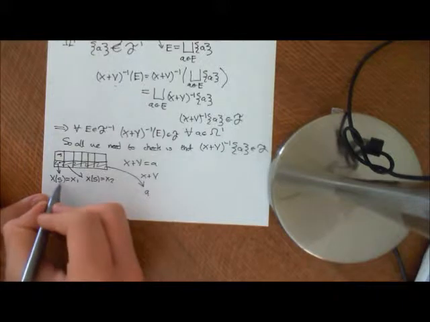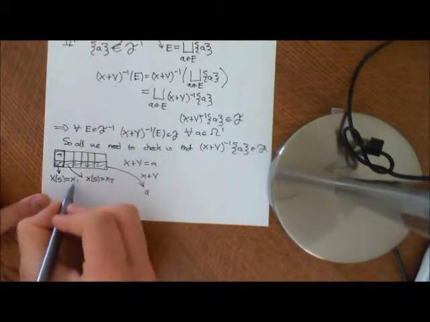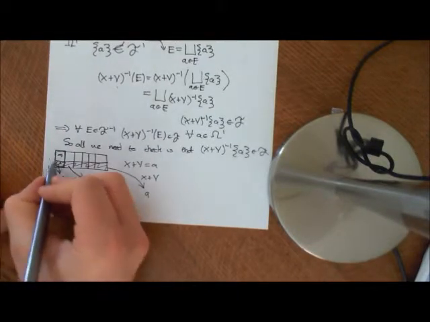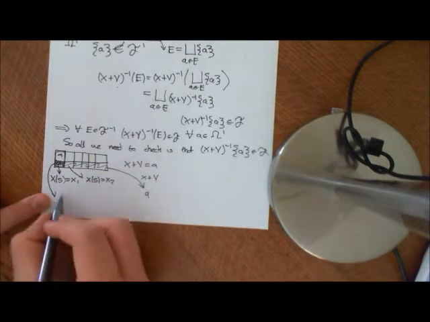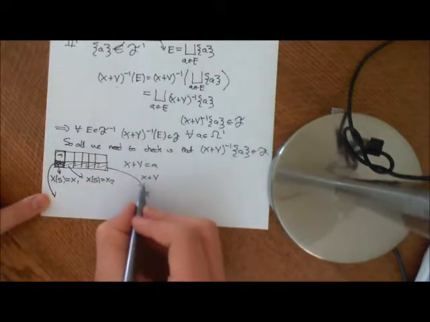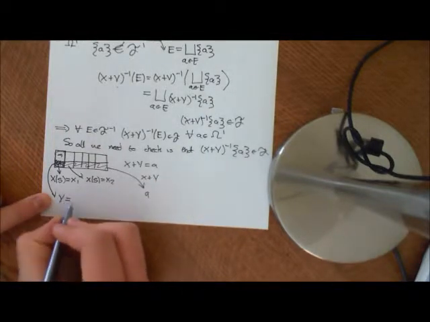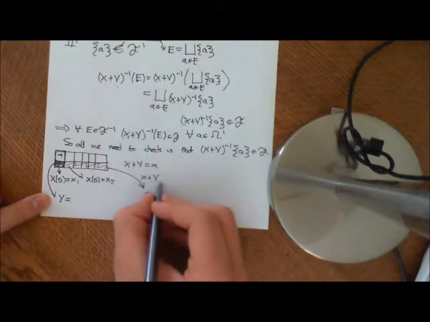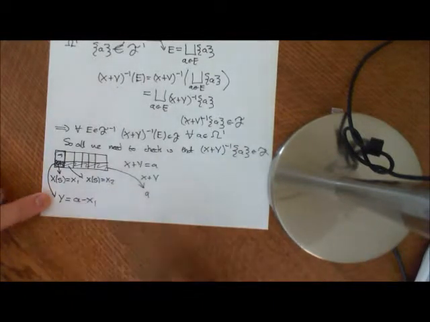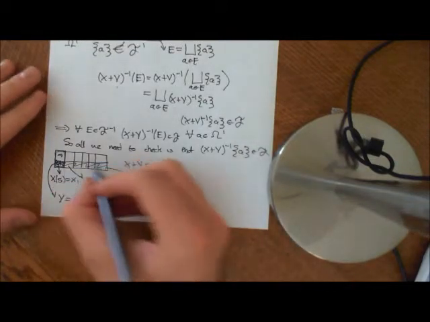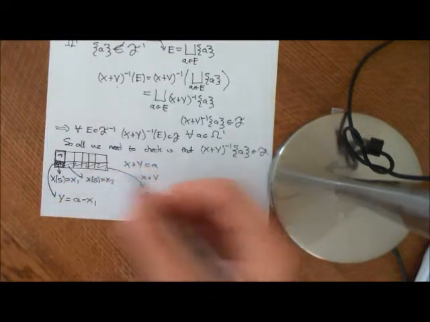For instance, all of the points in here have x value x1, so if you're in this little bit of the set that is mapped onto a by the random variable x plus y, then x plus y must be equal to a, so y must be equal to a minus x1. You can do this for all of them: your y value must be a minus x2, a minus x3, etc.